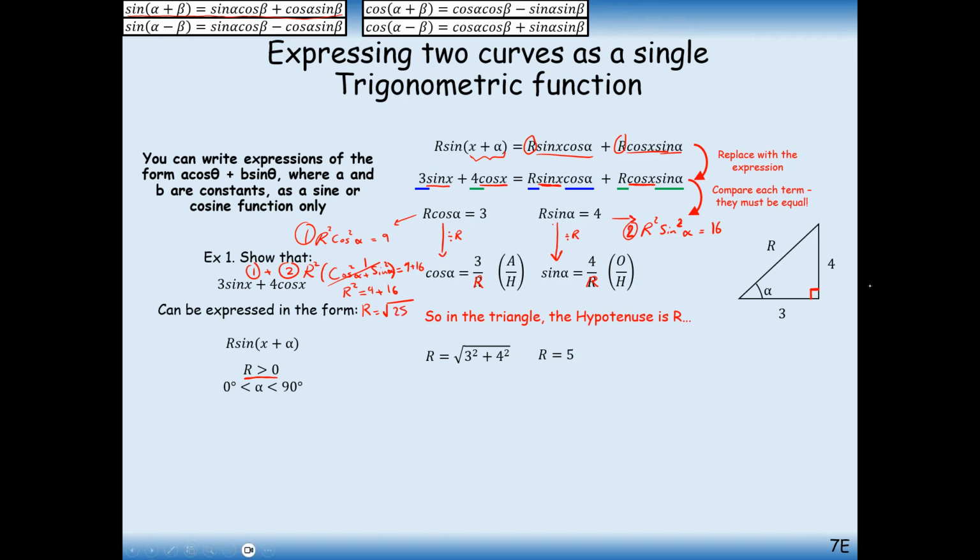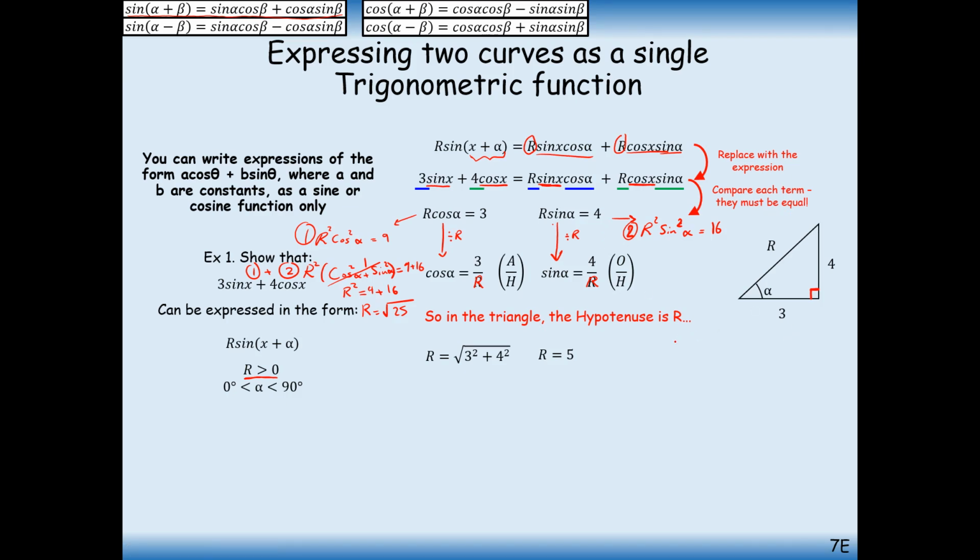Now, I think that drawing the right angle triangle is much easier than going through the algebraic working out, but it's up to you which route you want to take. I would take the drawing of the right angle triangle. Now, the final step in our calculations is to figure out the value of alpha. There are different ways to do that.